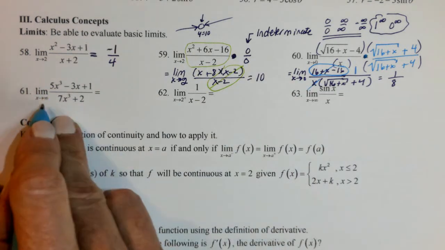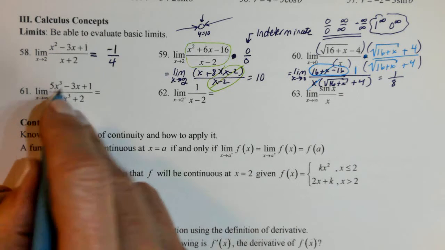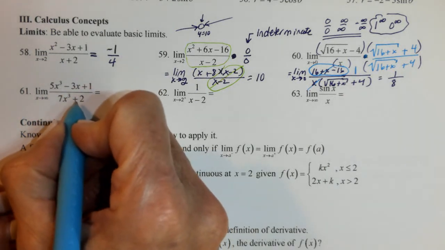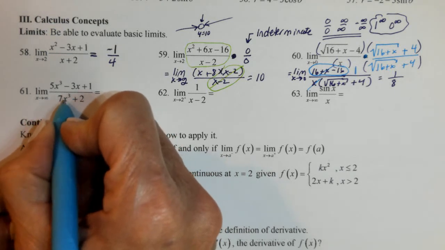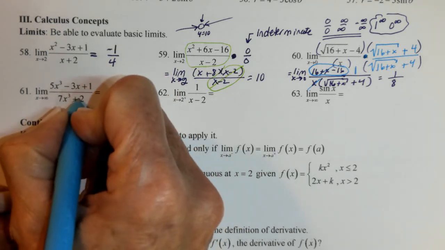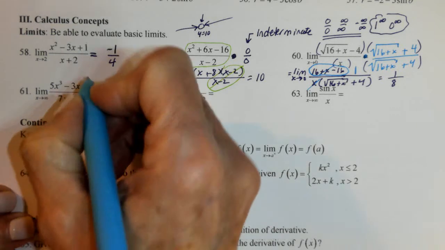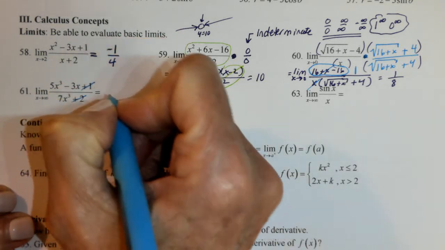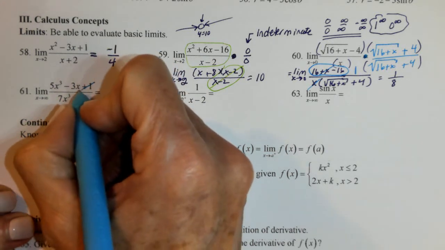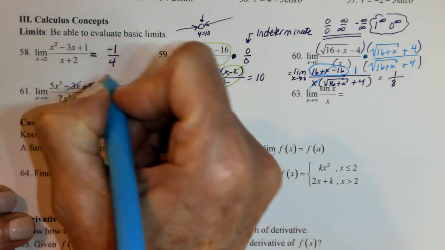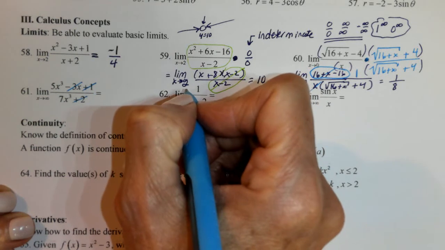If we plug a huge number in for x, this plus 2 on the bottom will be insignificant compared to this x cubed. So I can ignore it. This plus 1 will be insignificant compared to the x cubed. This negative 3x will be insignificant compared to this x cubed on top.